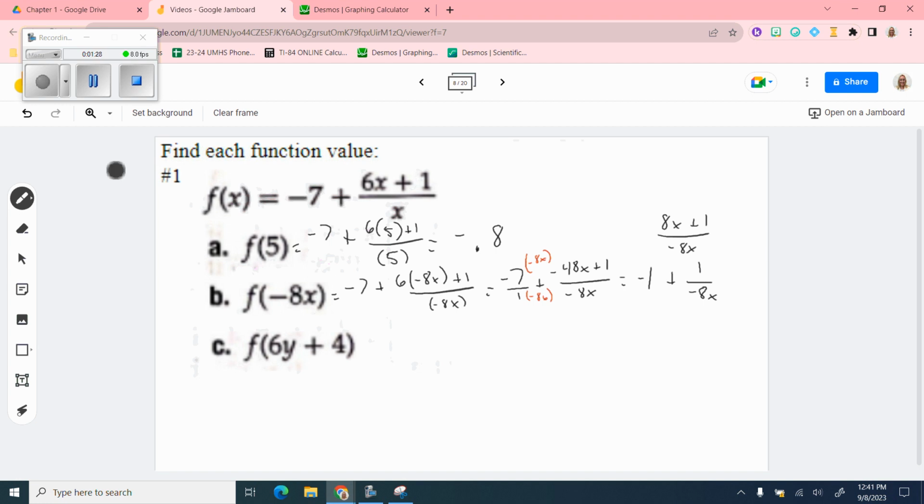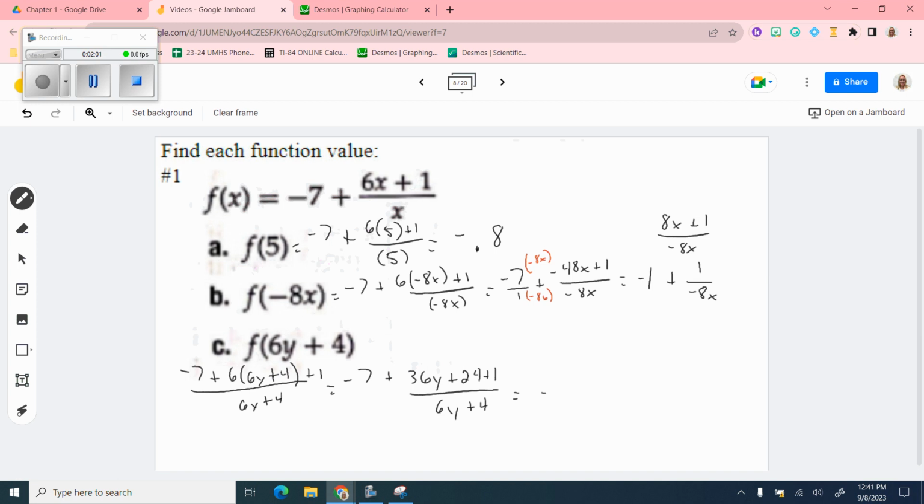All right, so for this one down here, we are going to have negative 7 plus 6 times 6y plus 4 plus 1 over 6y plus 4. And when we begin to simplify that, we're going to have negative 7 plus 36y plus 24 plus 1 over 6y plus 4.